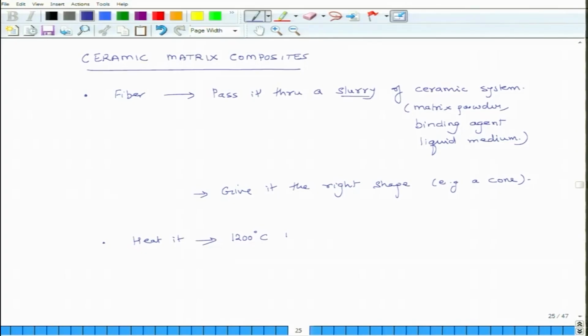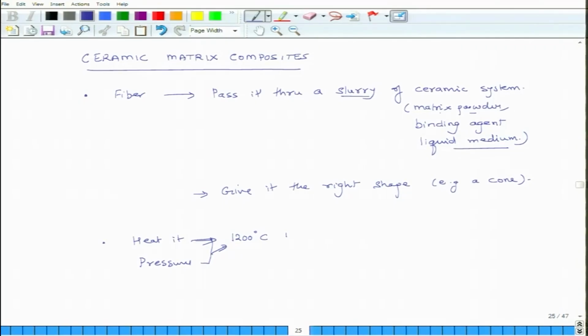When you fire it, all the liquid medium goes away, the binding agent keeps things together and then evaporates, and the only thing left in that compact form is the matrix and the fiber, held in that shape. While you are heating it, you also apply pressure. So you have a high strength ceramic matrix composite in shape.